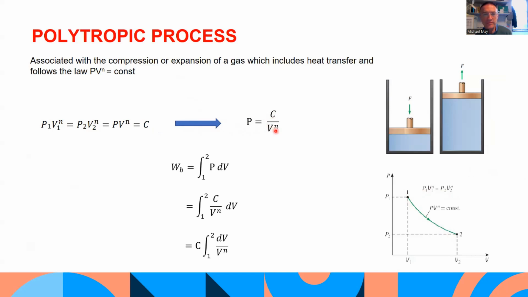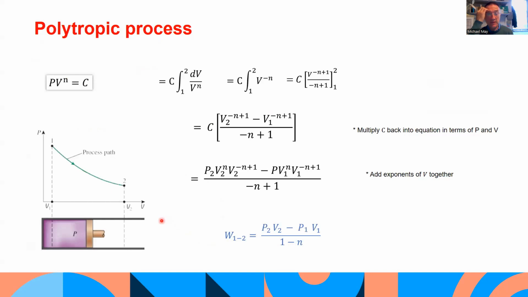Our boundary work equation is the integral of P dV. So we replace P with C over V to the power of n and take C out of the integral. Now we have dV over V to the power of n, which is the same as V to the power of minus n.